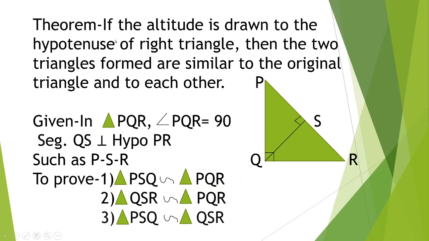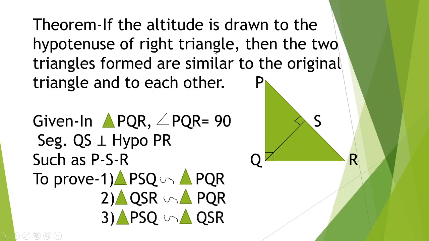First read the theorem. If the altitude is drawn to the hypotenuse of a right triangle, then the two triangles formed are similar to the original triangle and to each other.